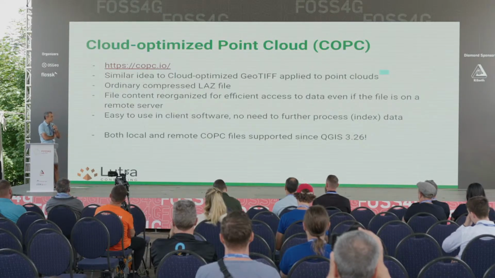So there is a standard, COPC, and similar to GeoTIFF, when you create a cloud optimized file, it creates an index, and you can easily either stream the data over a URL, or just have it locally. Then it will be much easier for your client to visualize or process the data. And we were one of the first software applications, QGIS 3.26, to opt for this format.